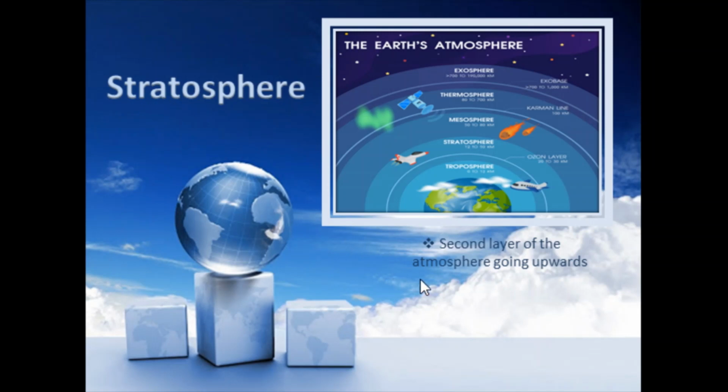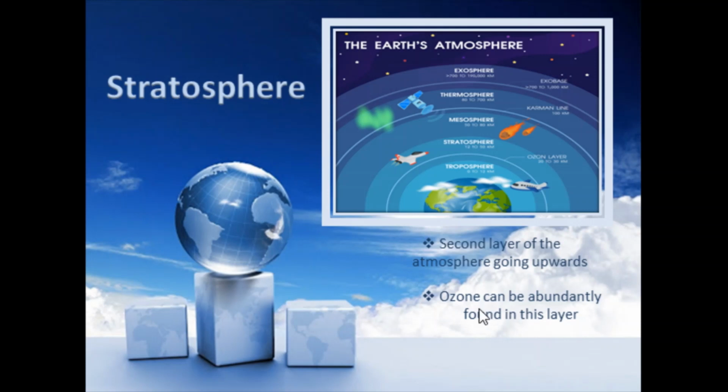Look at the descriptions. The stratosphere is the second layer of the atmosphere going upwards. If you go up, it is the second layer of the Earth's atmosphere, which is above the troposphere. This is where ozone can be abundantly found.